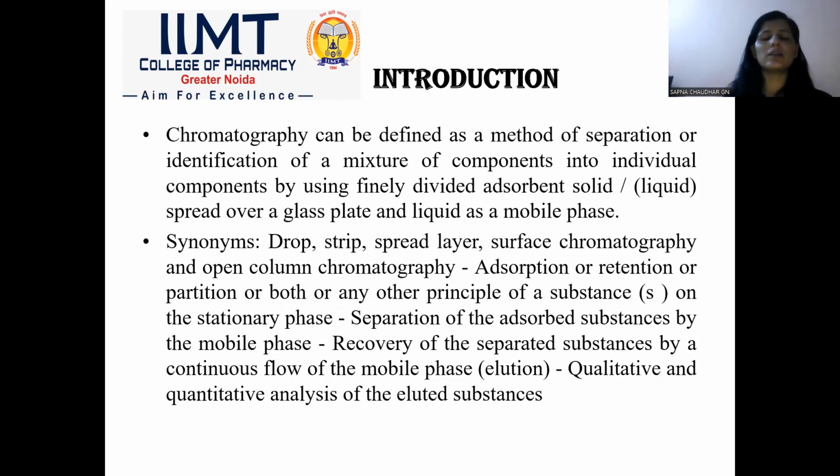So basically, whenever separation of compounds takes place, it is between the stationary phase and the liquid mobile phase. When the eluent or mixture of components travels with the mobile phase over the stationary phase, the components having higher affinity towards the stationary phase travel at very slow speed, and the components having affinity towards the mobile phase travel faster, and the separation of components takes place at a fast rate.